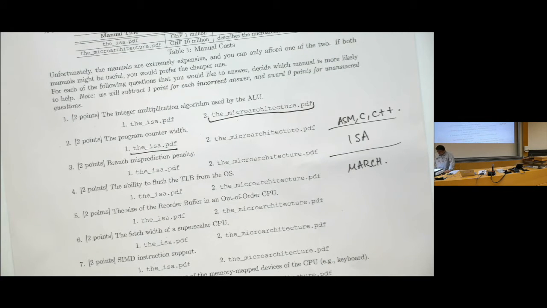Next question is branch misprediction penalty. So branch prediction is typically transparent to the programmer. Sometimes the compiler can give hints for successful branch prediction, but the penalty is something which the programmer will not know, and the penalty is usually calculated by the number of cycles which were wasted by the misprediction.